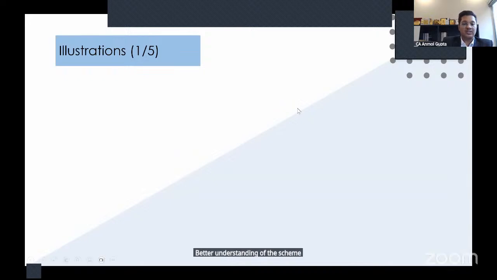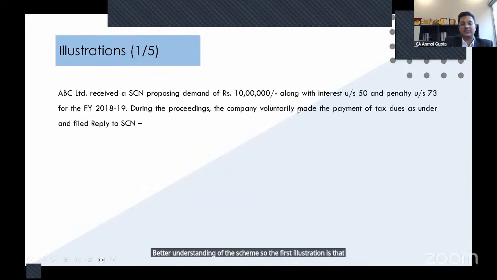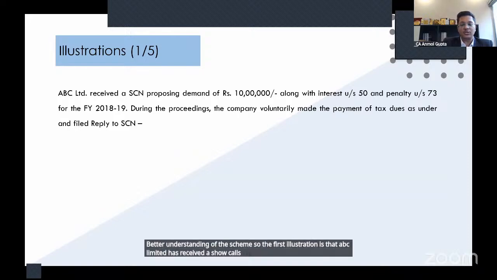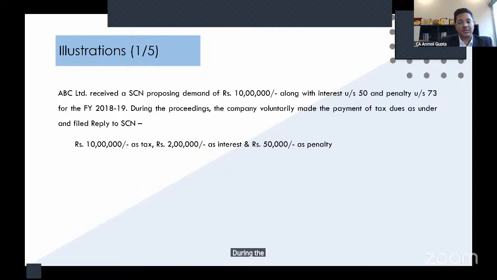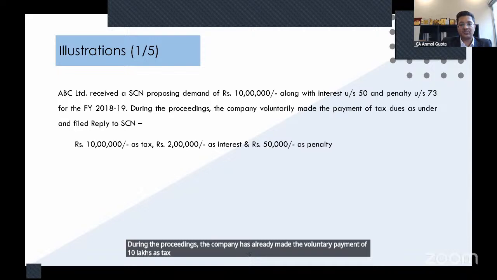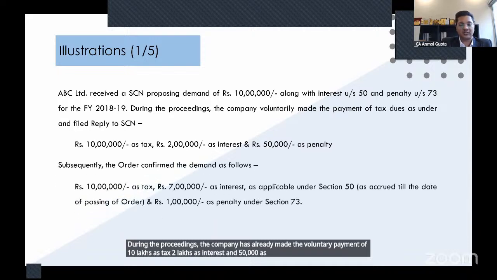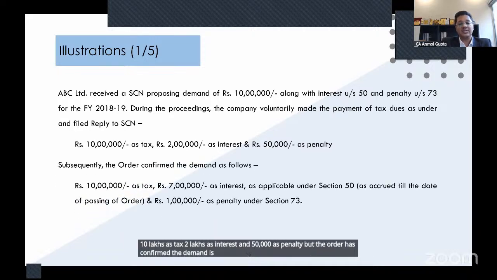So the first illustration is that ABC Limited has received a show cause notice proposing a demand of 10 lakh along with interest under section 50 and penalty under section 73 for the financial year 18-19. During the proceedings, the company has already made a voluntary payment of 10 lakhs as tax, 2 lakhs as interest and 50,000 as penalty, but the order has confirmed the demand as 10 lakhs as tax, 7 lakhs as interest and 1 lakh as penalty.